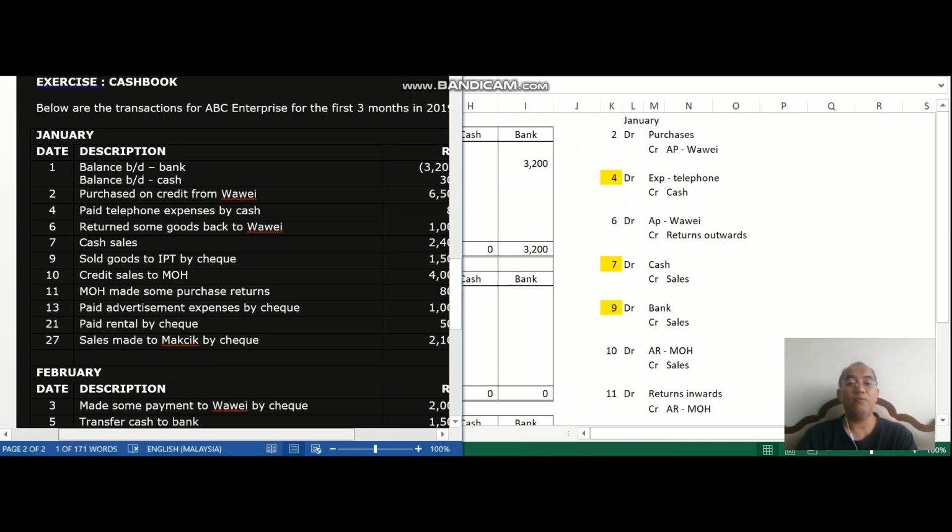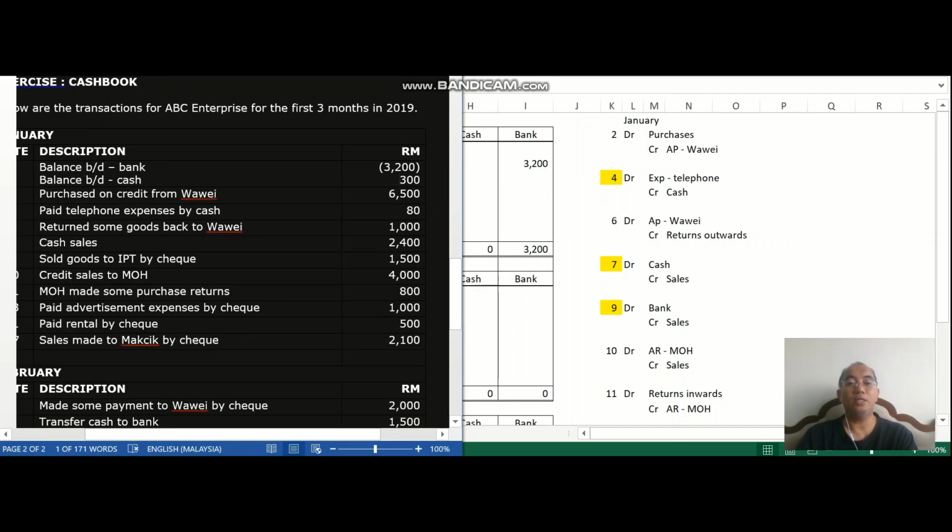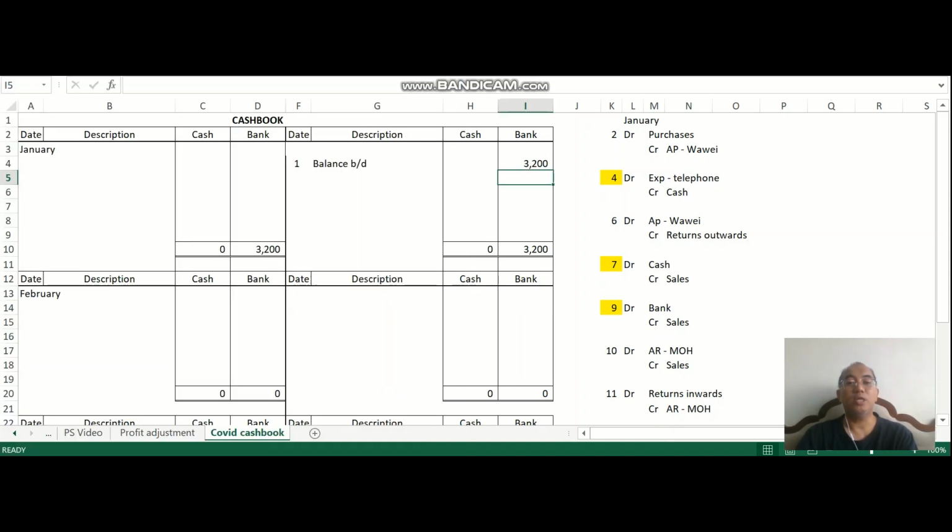We have 300, this is positive, so it should be at the debit side. So cash on the 1st of January, balance brought down 300. It should be under the cash column, and the 3200 should be under the bank column.